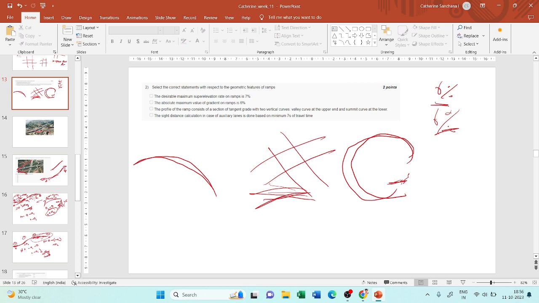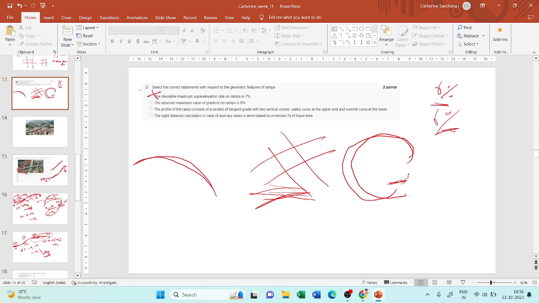But when you travel on a road whose level keeps changing, you will be cautious, and your speed on this road will not be the same as your speed on the plain road. Your speed will be much lesser because you're cautious, you're scared. So in such a case, you need not provide that much super elevation, and so they are restricting it to 6%. Okay, so the statement that the desirable maximum super elevation rate on ramps is 7%, no, we just now saw that it has to be 6%.